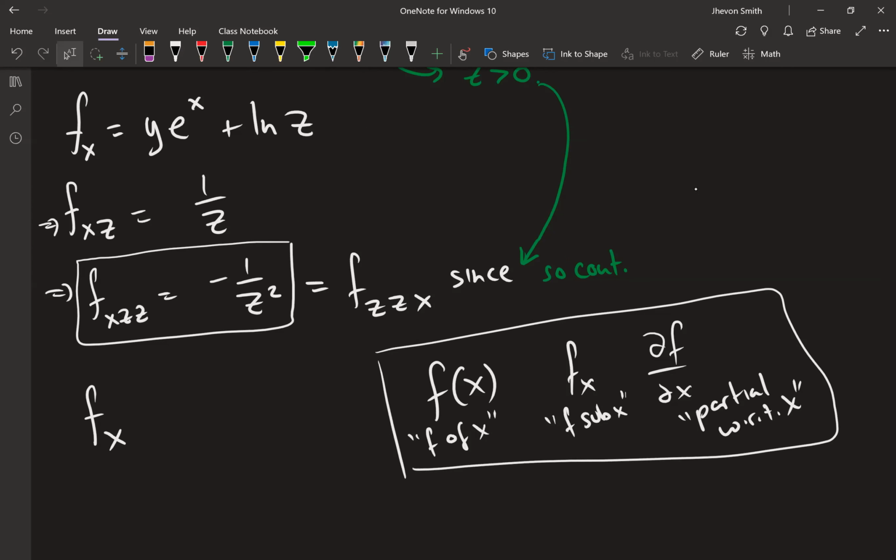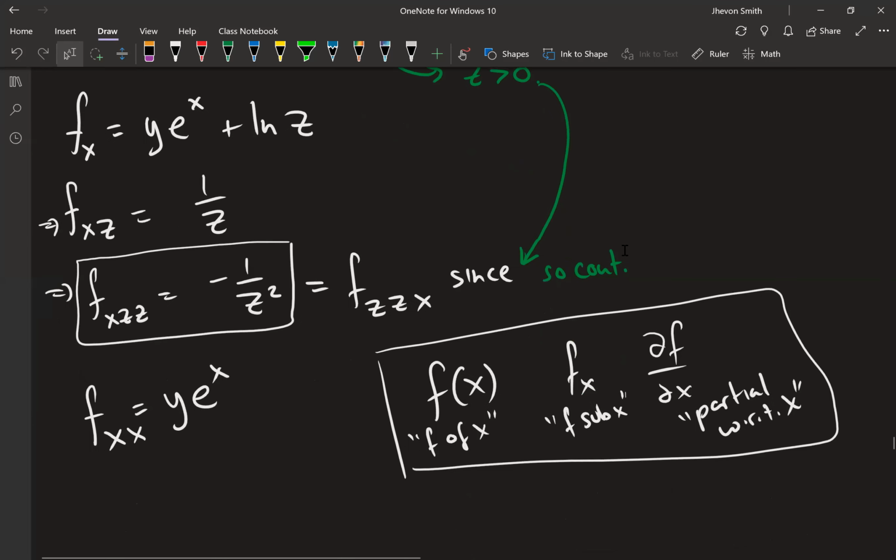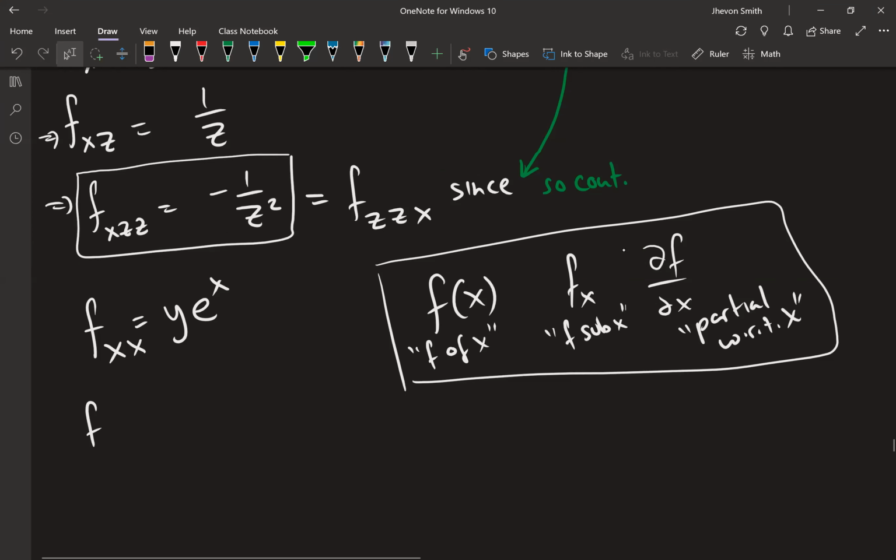So for the first part, we're going to do f sub x. We already have that: y e to the x plus ln of z. And then when we do f sub xx, it would be the same thing, y e to the x, but without the plus ln of z. And then with z, since there's no z, honestly, I'm lost.